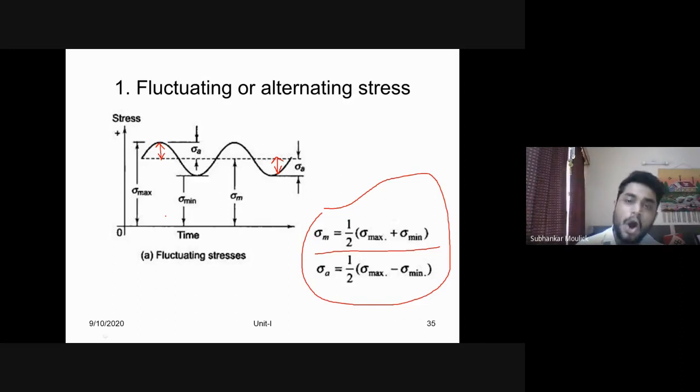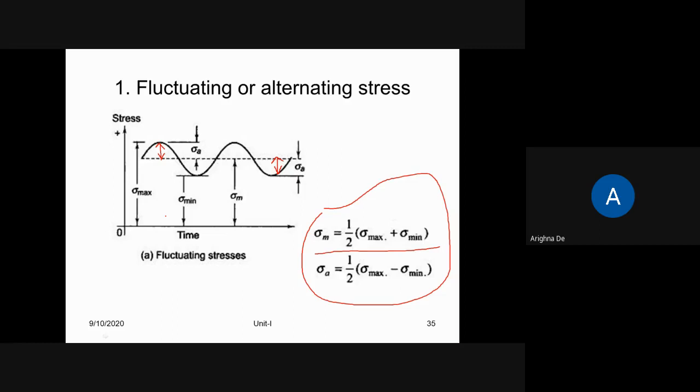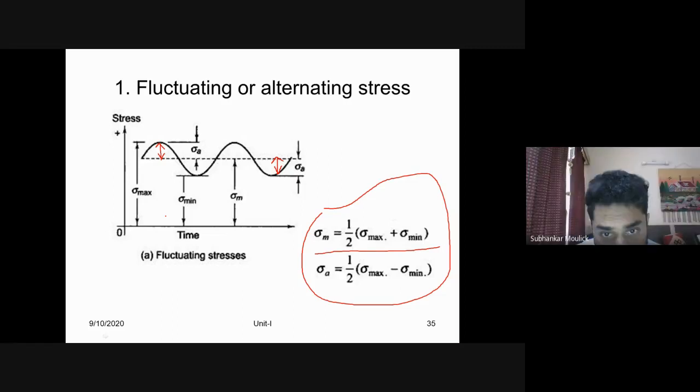Okay. Sir, how can we say that the fluctuating force is cyclic in nature? If you want to fail any particular component by fatigue, you know the maximum load you can apply through testing methods, the fatigue testing method.